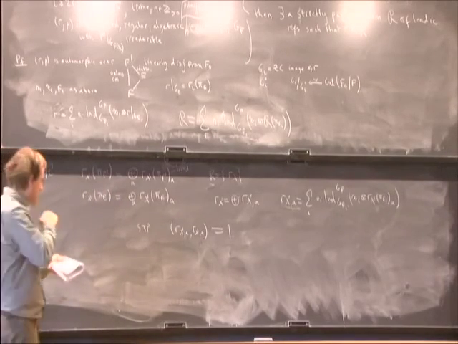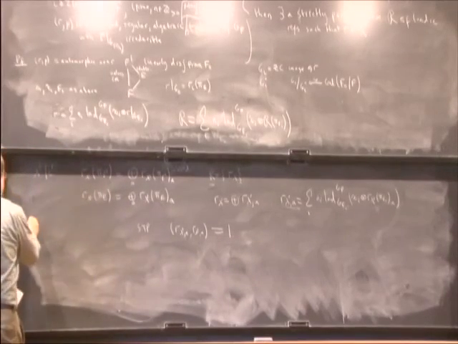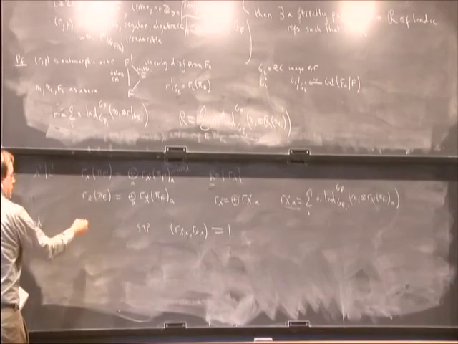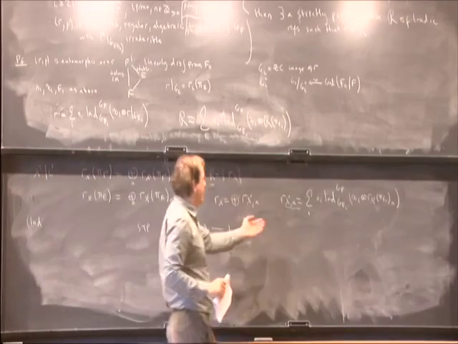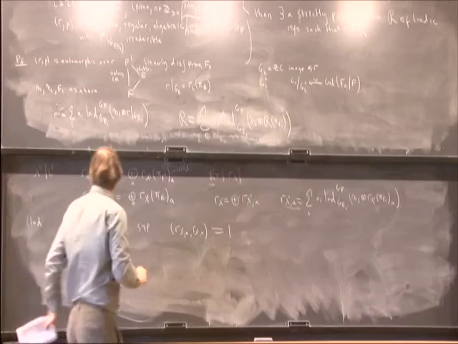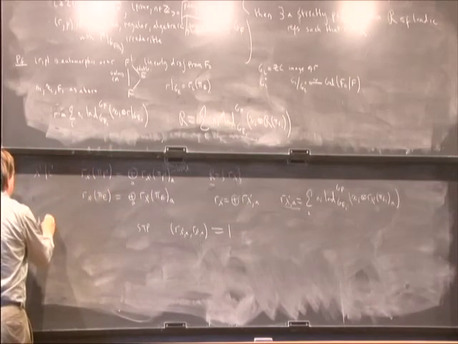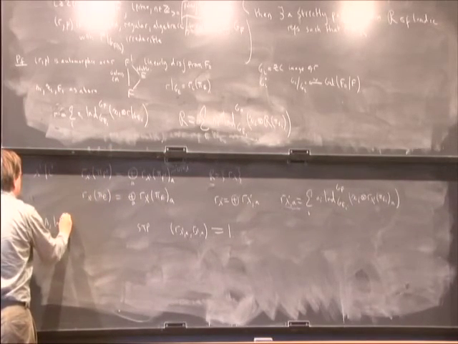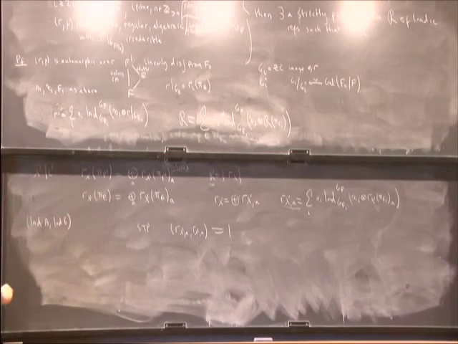But the point is, using Mackey's theorem and bilinearity, you reduce to looking at things like the induction of something times the induction of something else. Find the pairing here.